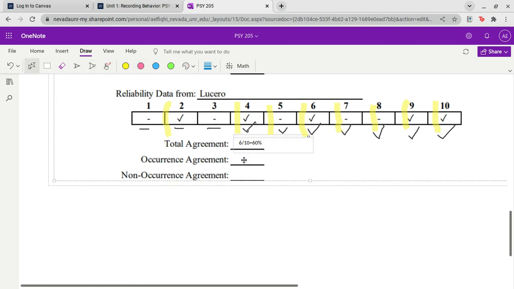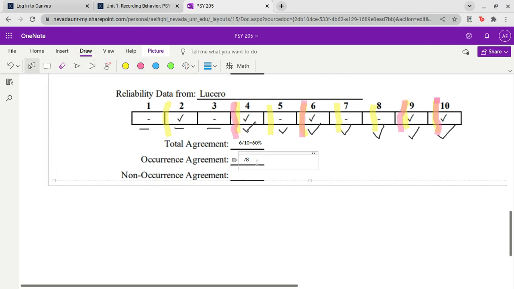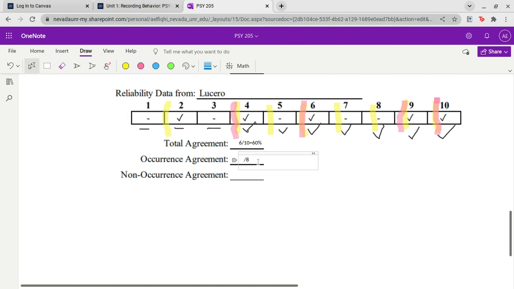Let me write the 8 first. Okay, and so on interval 4, 6, 9, and 10 we have agreement. So that would be 4 agreement intervals out of 8 total occurrence intervals, which comes out to 50%.